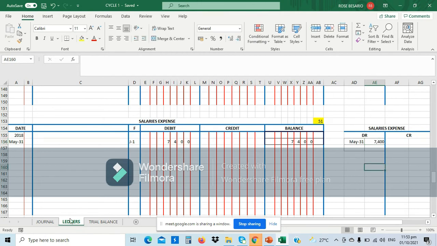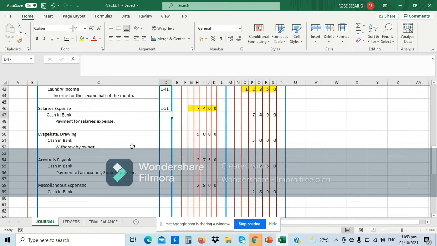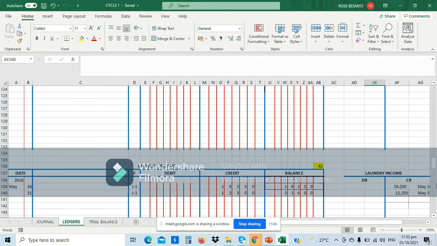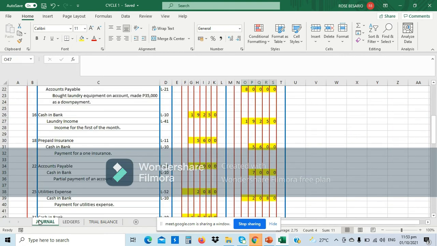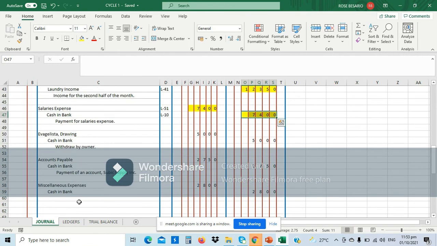Okay, and then your next entry is cash in bank credit. So this is L-10. I'll just highlight this one. So proceed to your cash in bank ledger. So this is payment. What's this payment for? Payment for salary 7,400.